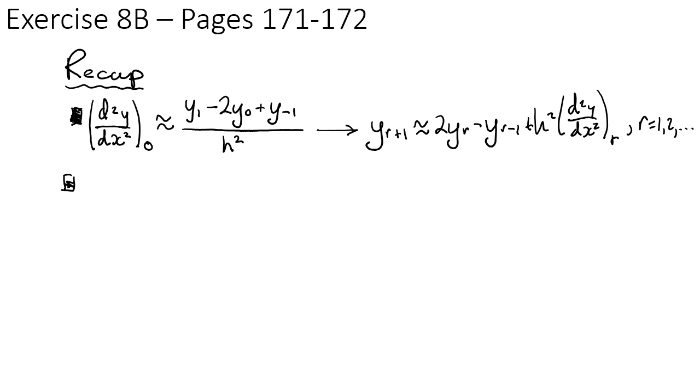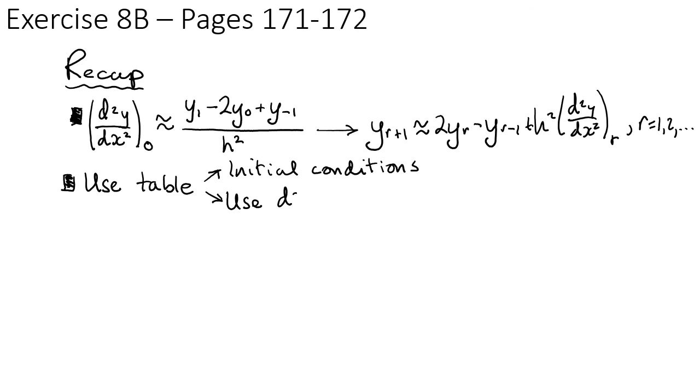When you do these questions, I would suggest that you use a table. In your table straight away you can fill in the initial conditions that are given. Once you've got those initial conditions put in, then you can use your second order differential equation to find, for example, what the second derivative is initially.